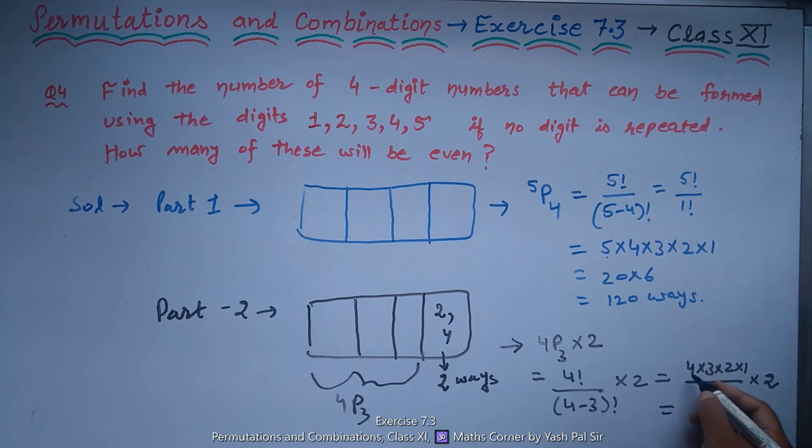So 4 into 3 is 12, 12 into 2 is 24, 24 into 2 is 48 ways. So this is the required result.